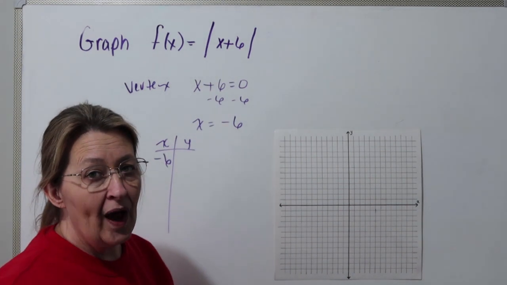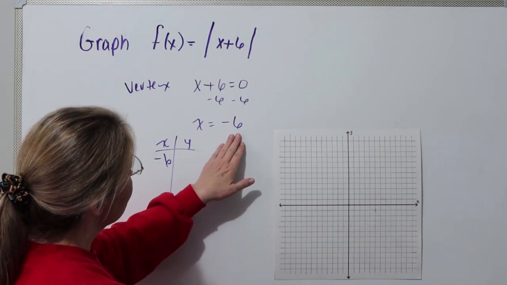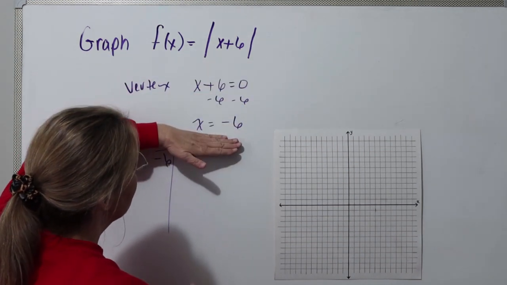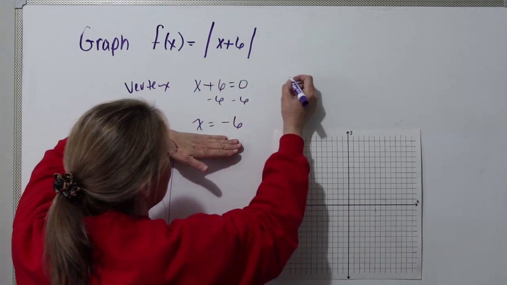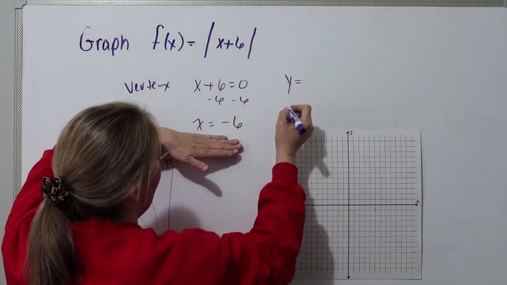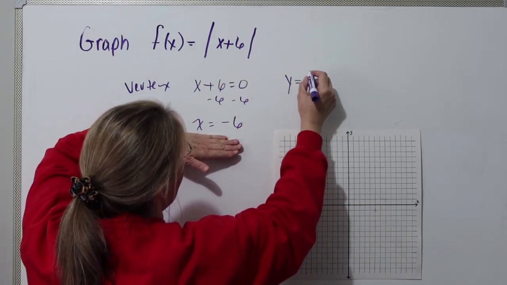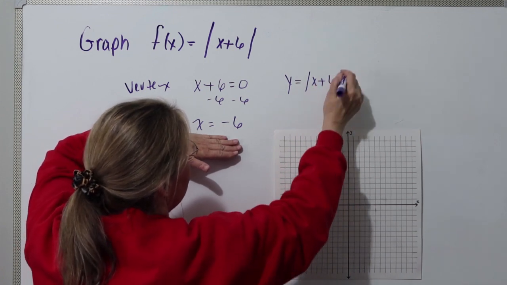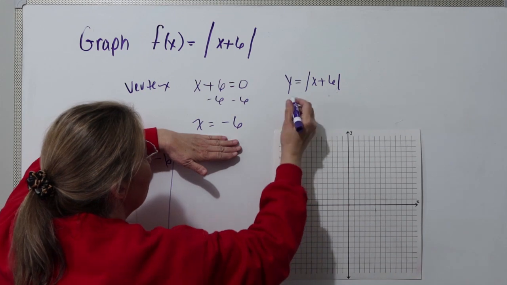So how do you find the y coordinate? We're going to take this number back up here and use the whole function, and I'm going to fill it in with x. Instead of f of x, I'm going to put y, and I'm going to have absolute value of x plus 6, and I'm going to fill in with negative 6.